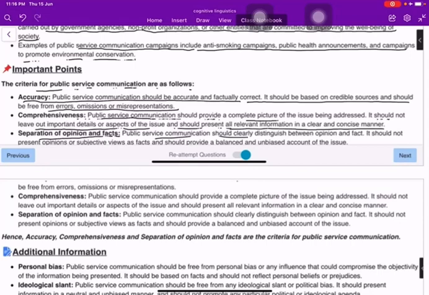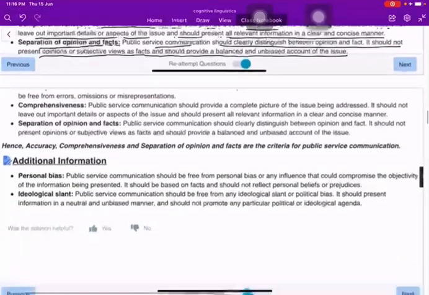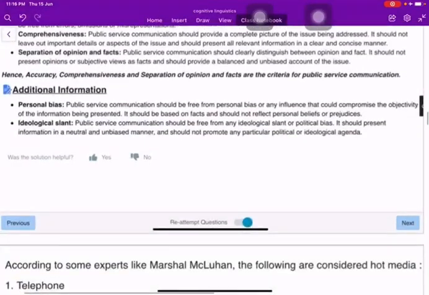Public service communication should clearly distinguish between opinion and fact. It should not present opinions or subjective views as facts and should provide a balanced and unbiased account of the issue. So, now additional information. Personal bias.